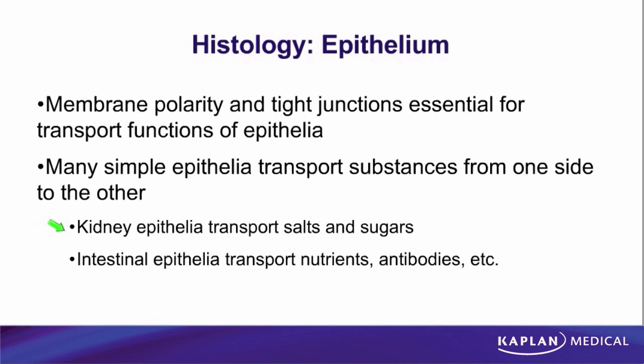The transport of salts or sugars across that epithelium. If that's an epithelium lining, let's say, the small intestine of the GI tract, then that epithelium may be transporting nutrients, for example, out of the food that's in the lumen into the tissue and into the blood supply that's on the other side of the epithelial cell.